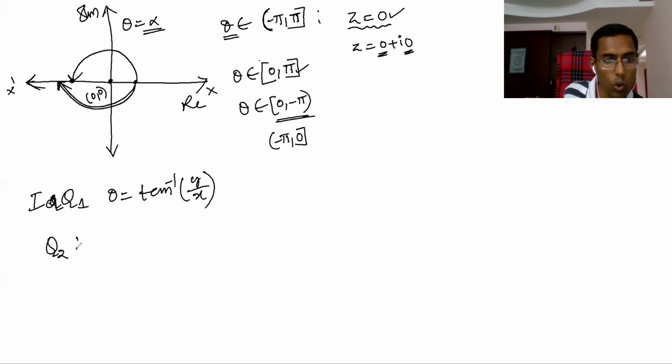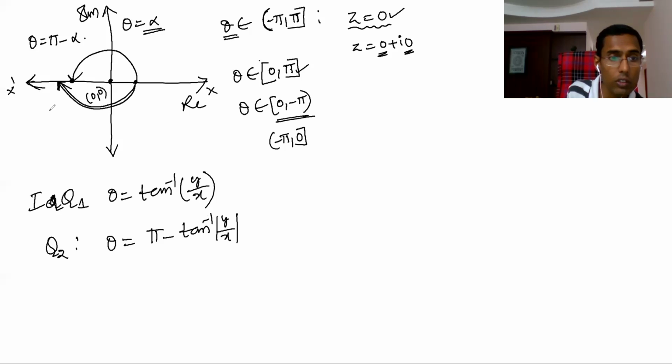If it is in the second quadrant, theta equal to pi minus alpha. I'll tell you what alpha is. So if theta is in the second quadrant, theta equals pi minus tan inverse of mod y by x.